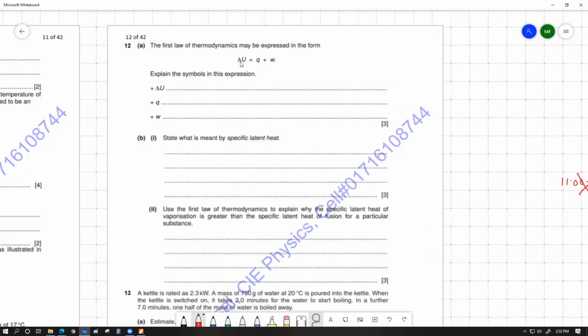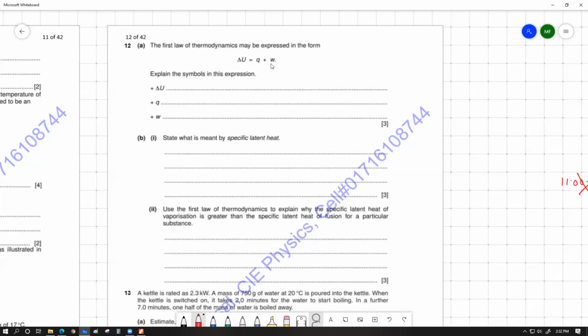So if we have to write this answer in terms of the first law of thermodynamics, for the case of boiling, heat energy would be absorbed to overcome the intermolecular attraction force, and heat energy would also be required because work will be leaving the system.